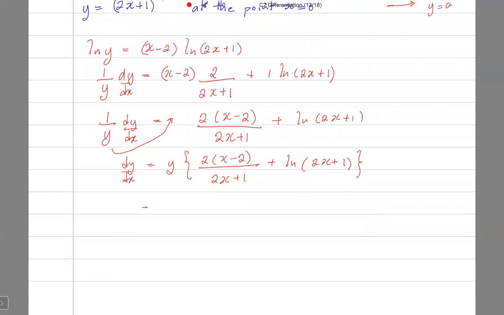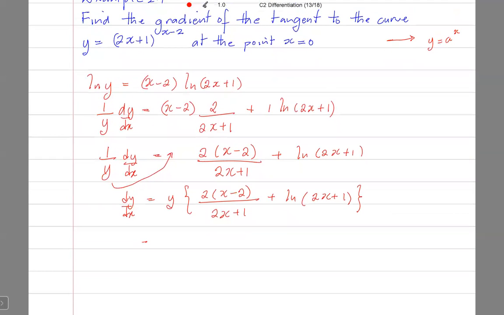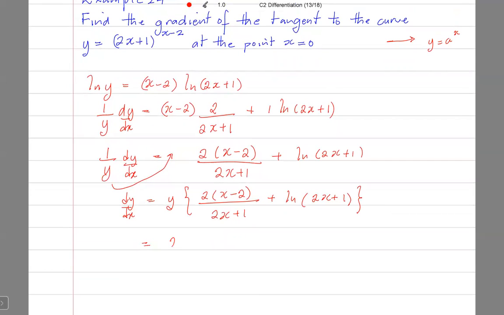So y is actually equal to (2x plus 1) to the power x minus 2, and I'm going to put that in. So this is the derivative.